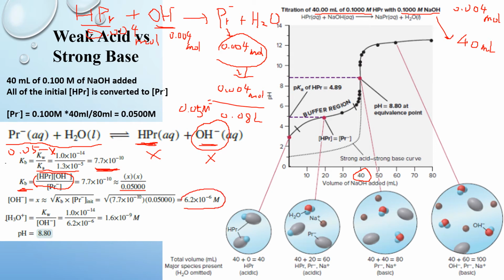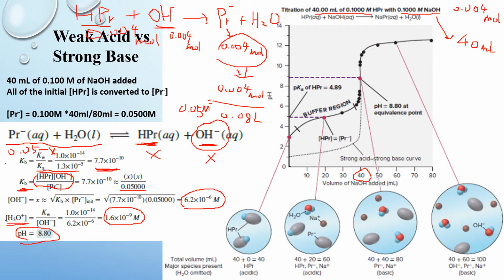That's the hydroxide concentration. To calculate pH, we first convert the hydroxide concentration into proton concentration using Kw, and then convert this proton concentration into pH. So at the equivalence point, the pH is equal to 8.8.